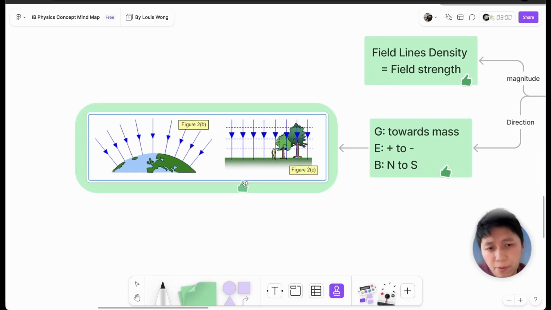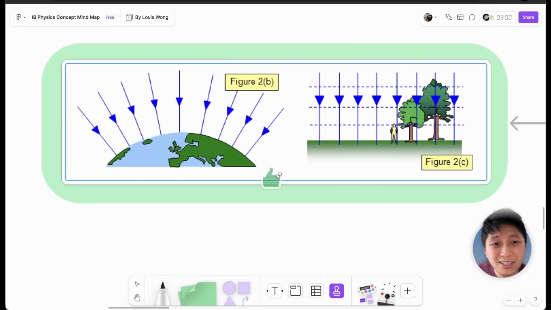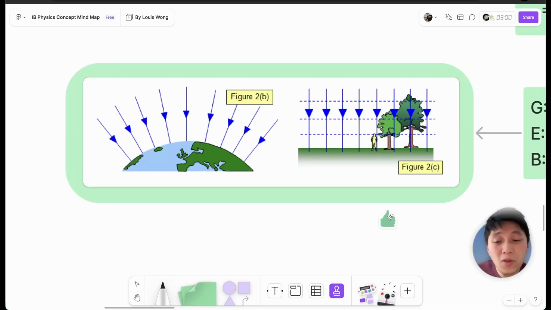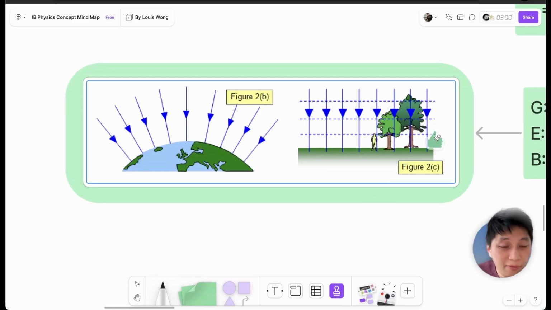Something for you to pay attention to is how the scale will affect the shape. The reason why on Earth's surface we experience more or less a constant acceleration is because the field is constant at that scale. As you can see, these are parallel lines, so the density is pretty much constant.